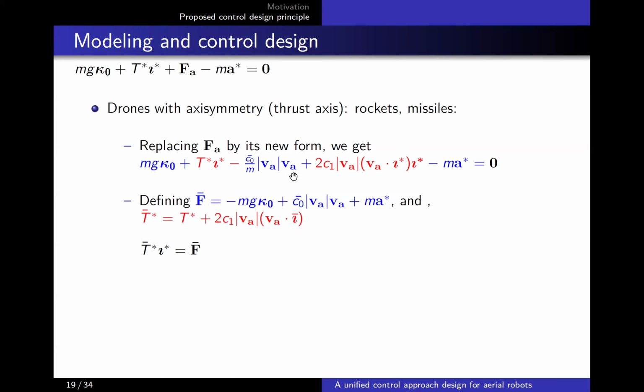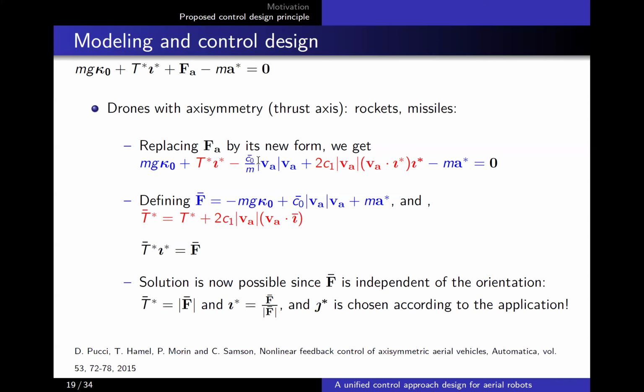It depends on C bar 0, which is a constant coefficient. And then I apply the same trick as before, as with the sphere. And I go back to the same model from the sphere to the missile or rocket shape. I get the same model, just playing a bit with the equations. VA is not the airspeed, it's the air velocity, a vector. The norm is the airspeed.